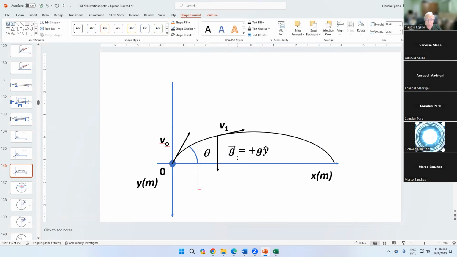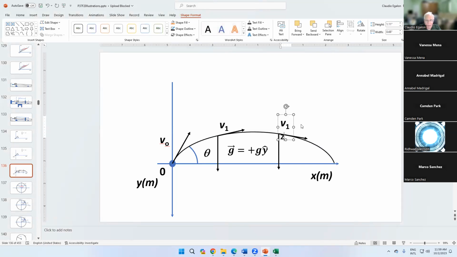But on the other side of the parabola, let's say at this specific point here, what do we have? We have a velocity vector that has a downwards component, right?